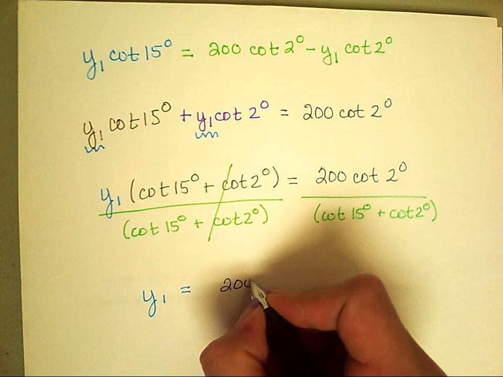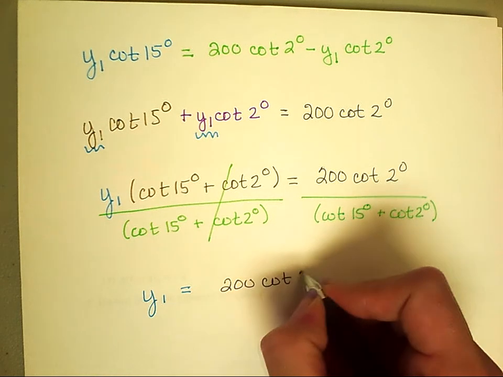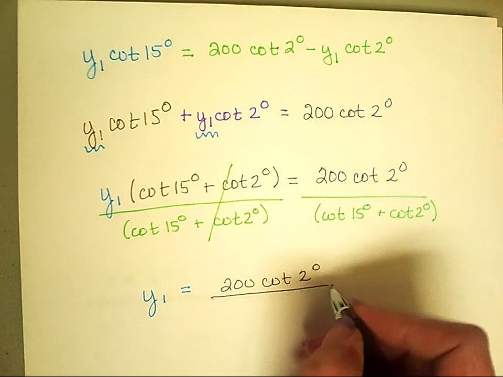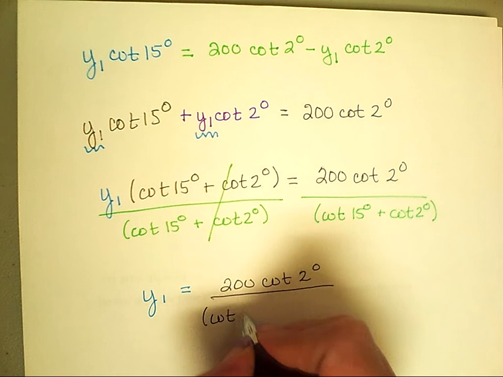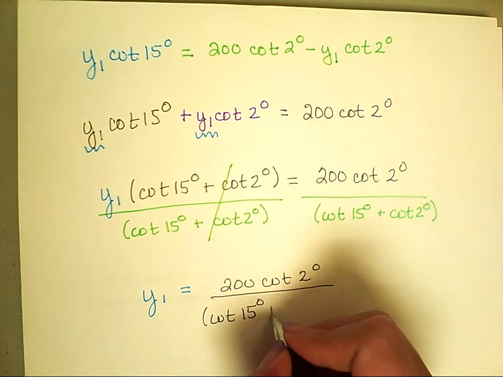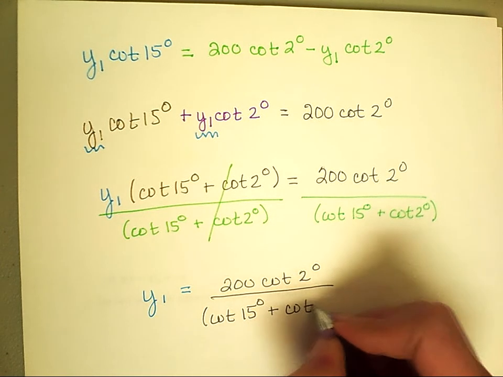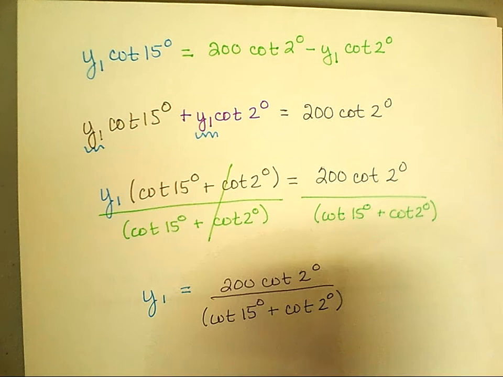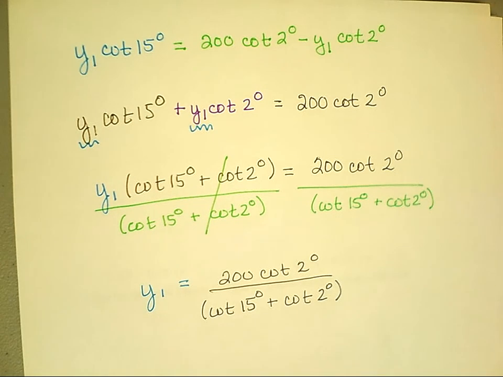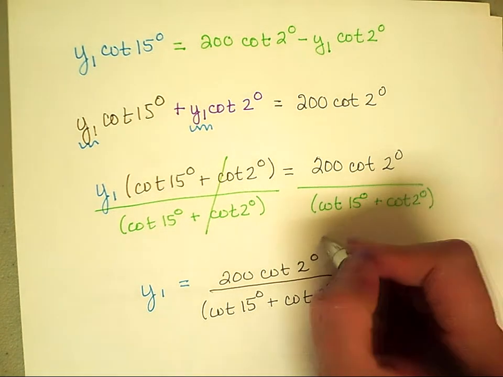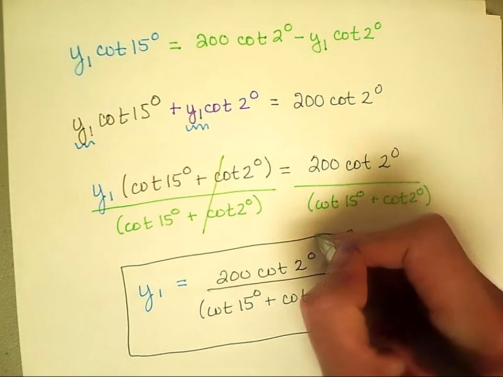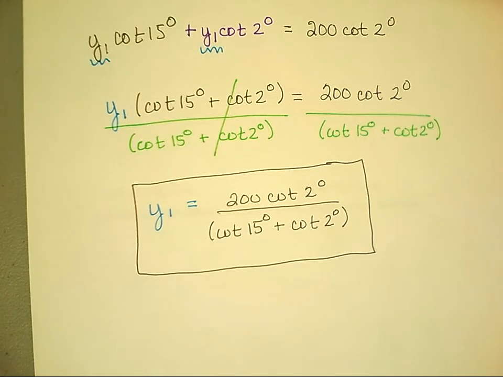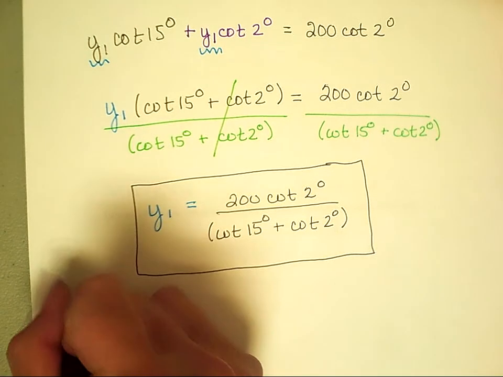And as an exact answer, y1 is equal to 200 cotangent 2 degrees over the cotangent of 15 degrees plus the cotangent of 2 degrees. Okay, so this is what y1 equals.